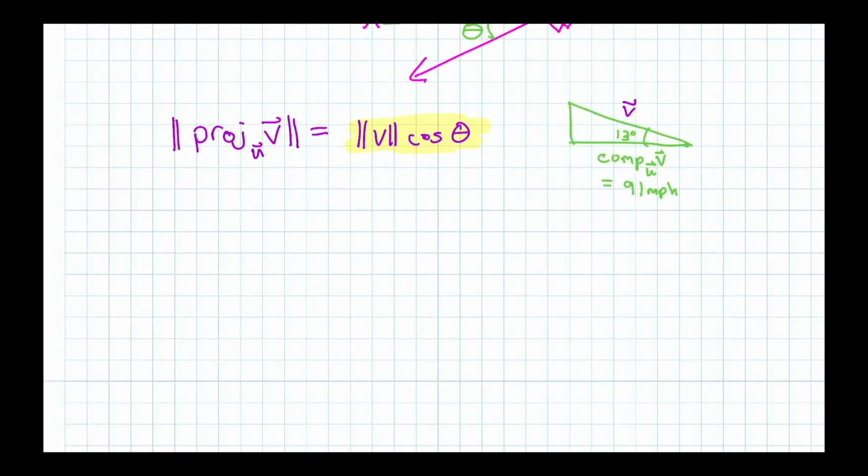So you fill the stuff into this formula, but you have to be careful about what's what. The component of v onto u, that's the number that you actually know. So you know this side. That's what you know. So this is the 91 mph. And then you've got the magnitude of v. That's what we don't know.